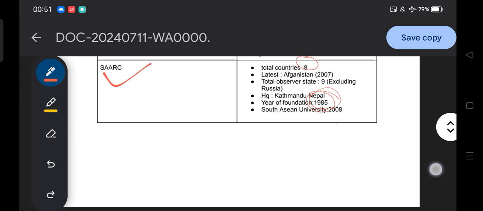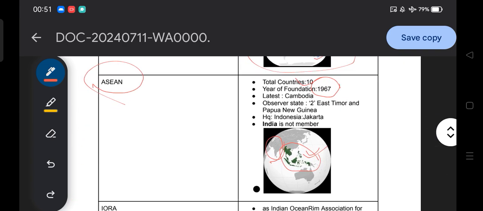If someone asks in which year ASEAN was signed, 1967, okay guys. Then the latest member of ASEAN is Cambodia, which joined in 1999. So Cambodia was the latest to join ASEAN, okay guys.